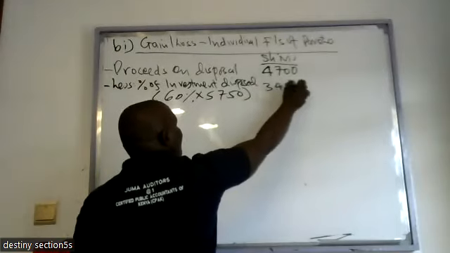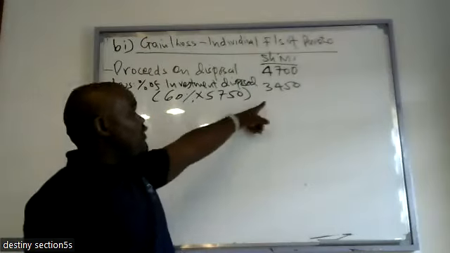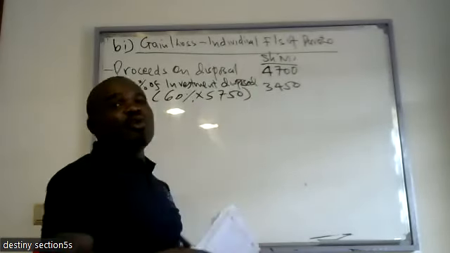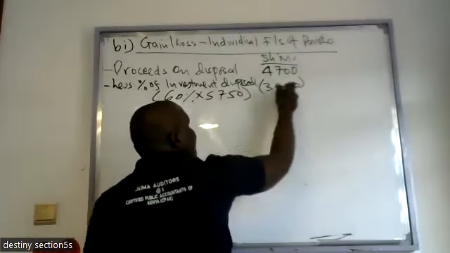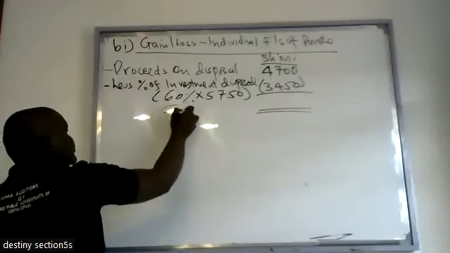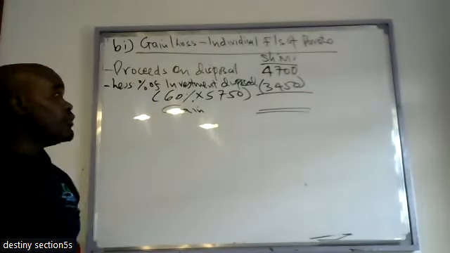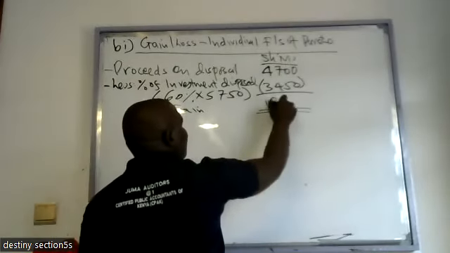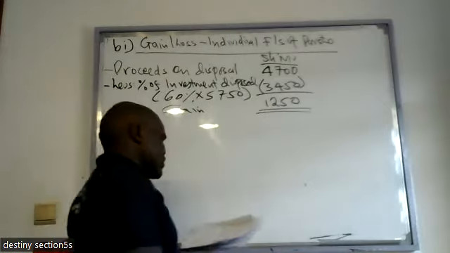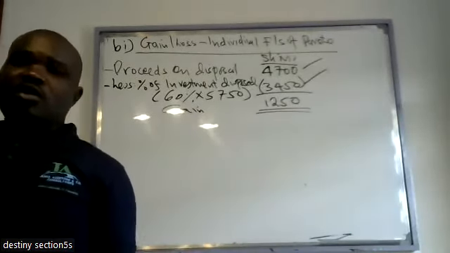So we are disposing an investment with a value of 34, then the receipt is 47. So we have gained by how much? So this is a gain of 1250. That one was to give us 2 marks.